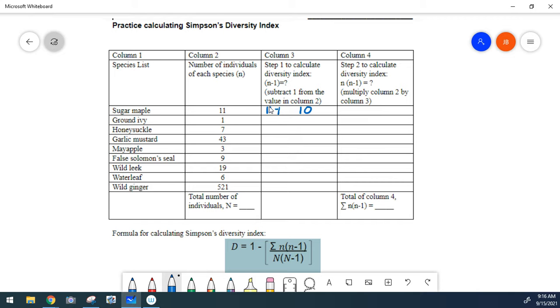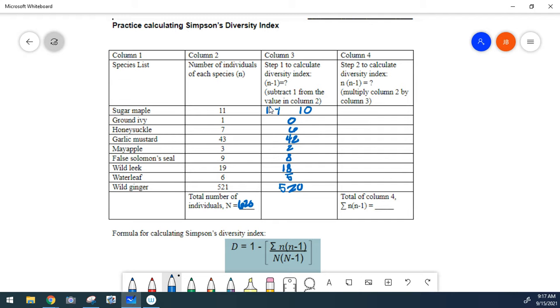So 1 minus 1 is 0, 6, 42, 2, 8, 18, 5, 5, 20. Okay, so you get all those numbers. And then here we're going to add these numbers, so 11 plus 1 plus 6, and get the total number of species. And that gives us 620, I believe, if I've added it correctly.